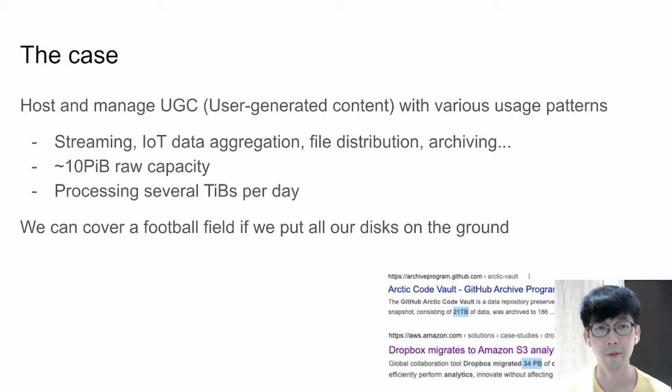And here is a fun fact: if we put all our disks on the ground, we can cover a whole football field. Of course, this case cannot be compared to those giants, but I think it's a more practical case for most people, since not everyone has the opportunity to build a Facebook or Google from scratch.